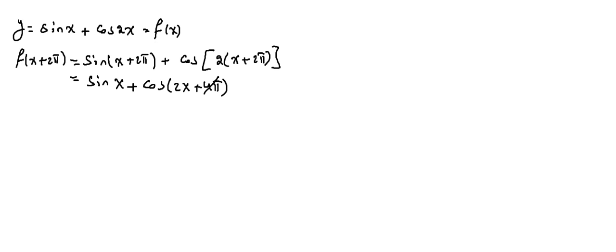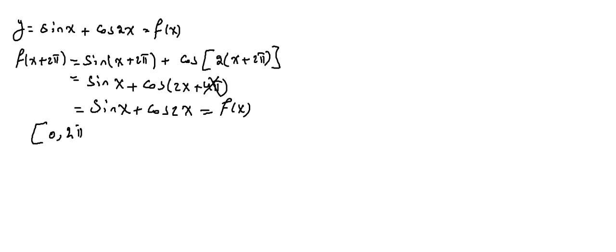Cosine is periodic every 2 pi, so we can take the 4 pi too, and it's sine x plus cosine 2x, back to f of x. Then we study its periodic behavior, so we study just the behavior from 0 to 2 pi.